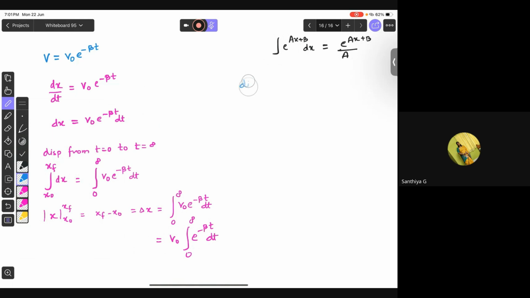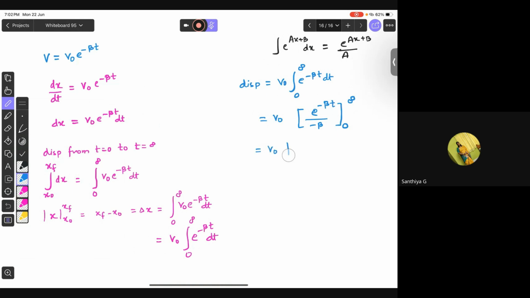So total displacement will be the integral of v naught into e power minus beta t dt from 0 to infinity. So v naught, integration of e power minus beta t will be e power minus beta t divided by minus beta, lower limit 0, upper limit infinity.